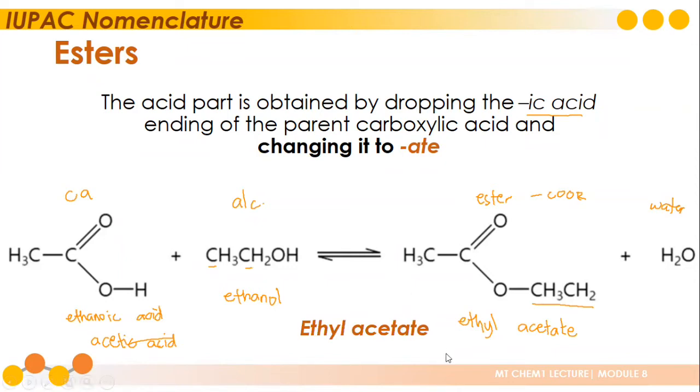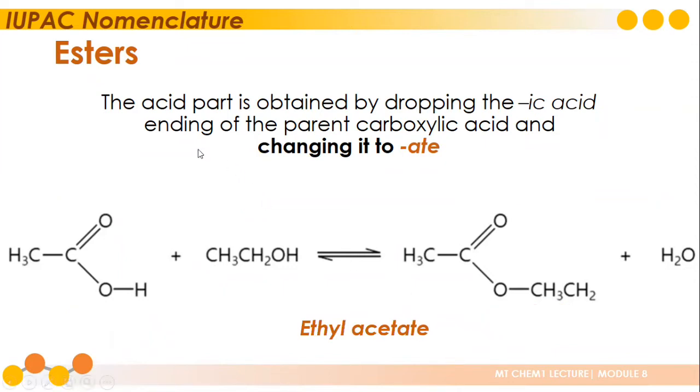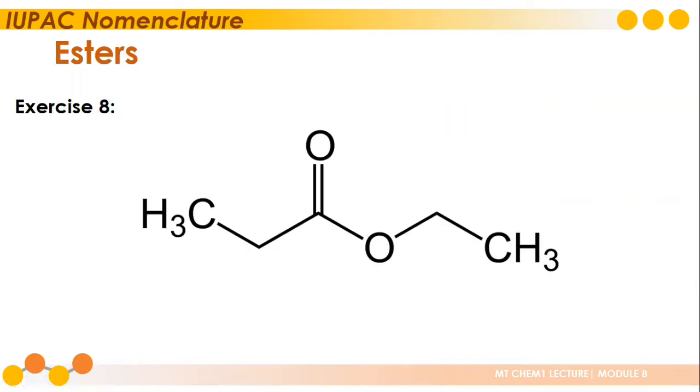Hopefully you're following along. Let's try some exercises in naming esters. Again, prepare a scratch paper so that you can follow along with our naming. Let's try to answer this now. Instead of giving you the whole chemical reaction with the reactants shown, let's answer this ester only.